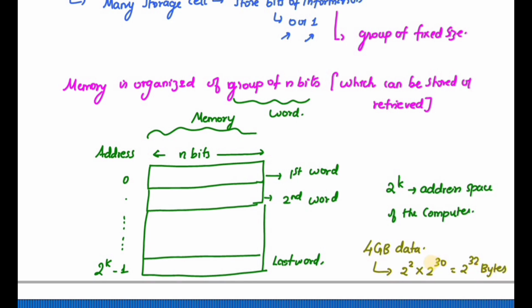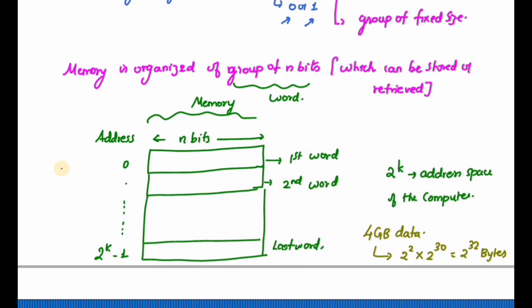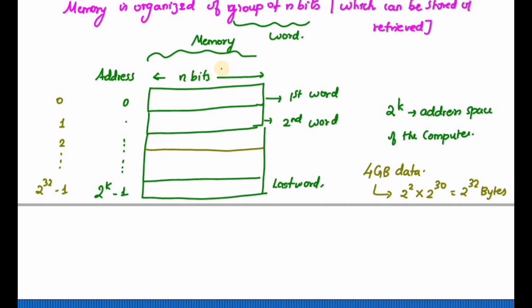The addresses will be from 0 to 2 power 32 minus 1: this is 0, this is 1, and this is 2, and it goes on up to 2 power 32 minus 1. Each is nothing but a word of information, a group of n bits.